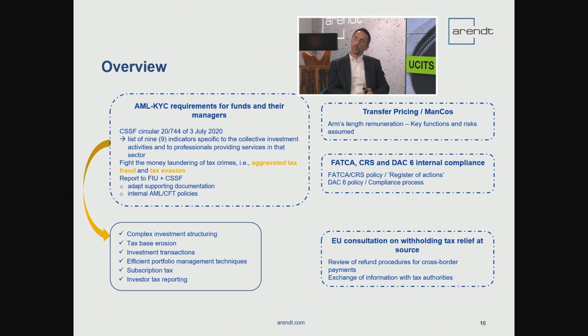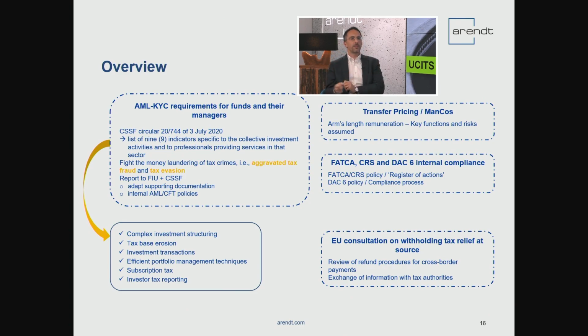And then more recently, on the transfer pricing side, in particular in view of the remuneration of mancos, we also see a certain development. From a transfer pricing perspective, the manco needs to realize an arm's length remuneration, meaning it needs to be remunerated in a way a third party would have been remunerated in a comparable situation.